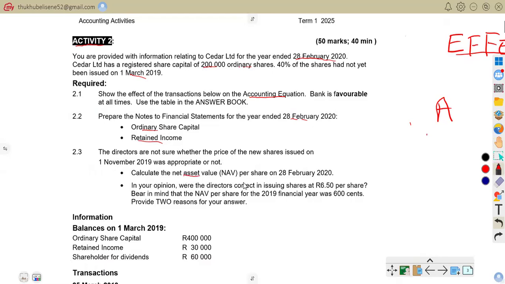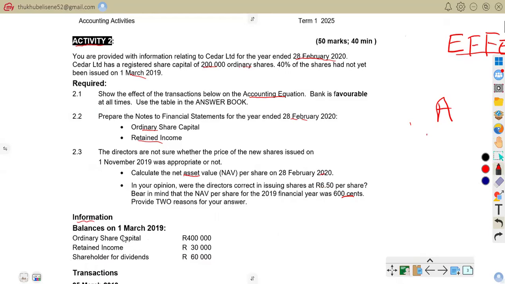Calculate the net asset value per share on 28 February 2020. In your opinion, were the directors correct in issuing shares at 6.50 per share? Bear in mind that the net asset value per share for the 2019 financial year was 600 cents. Provide 2 reasons for your answer.